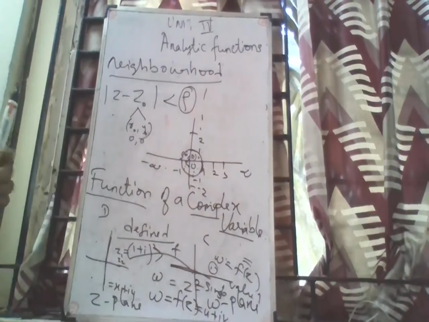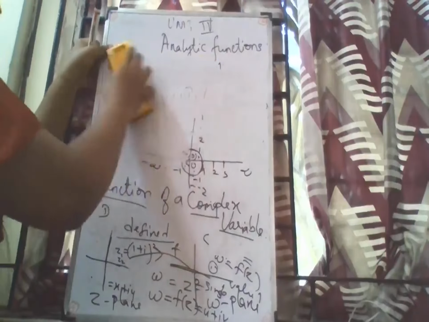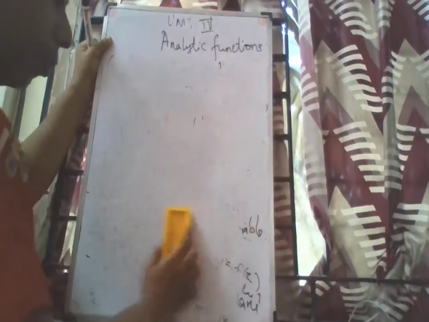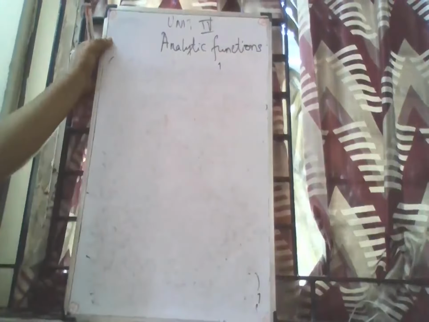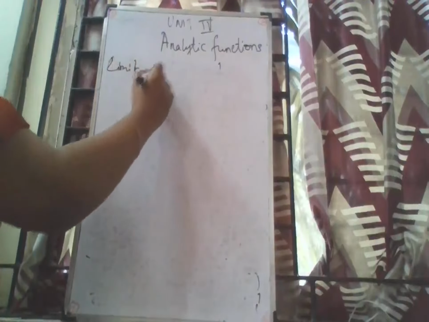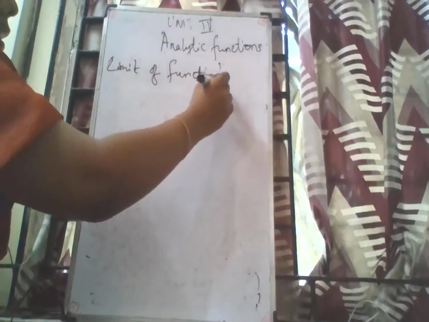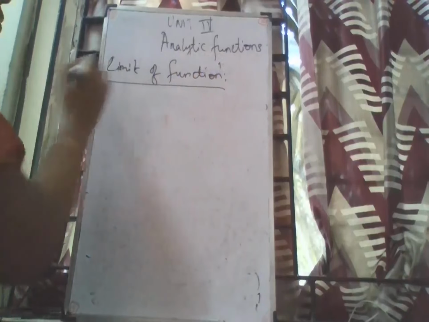Okay. Next definition is the limit of a function. What do you mean by limit? Once this definition is clear, I'll go for the problems as usual in a quick manner.